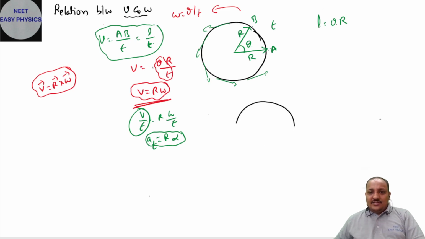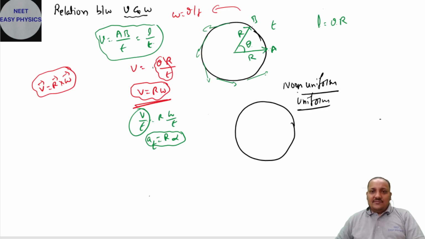If any object is moving in a circular path, we will have in total two kinds of circular paths: non-uniform circular path and uniform circular path. So what is the difference between non-uniform and uniform? Very important and confusing. Whether uniform or non-uniform, both are circular motions.